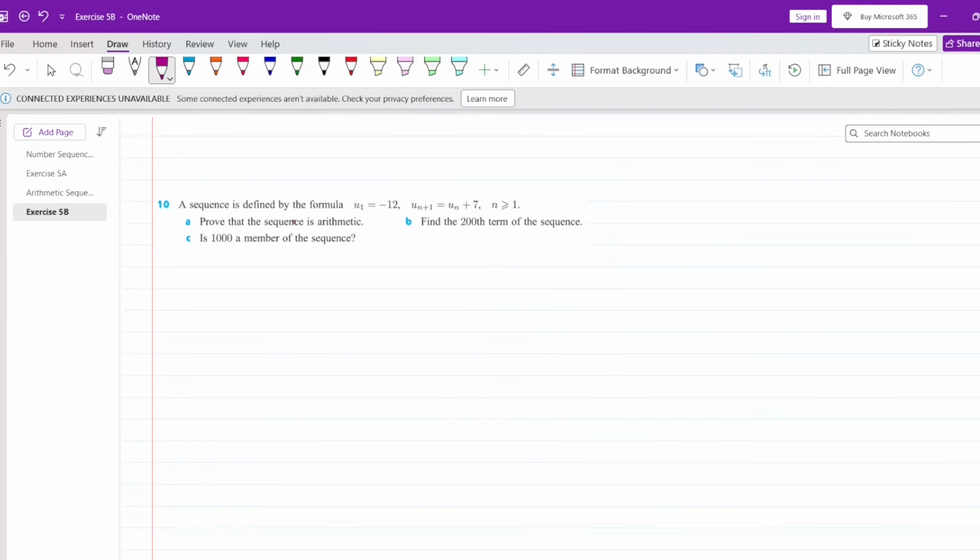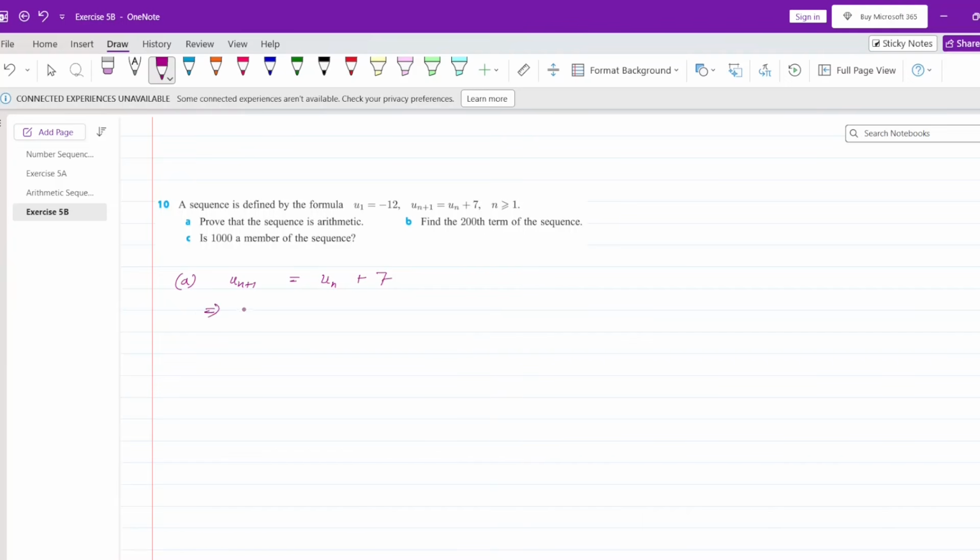A sequence is defined by the formula u1 equals negative 12, un plus 1 equals un plus 7, and n is always greater than or equal to 1. Prove that the sequence is arithmetic. We know un plus 1 equals un plus 7.